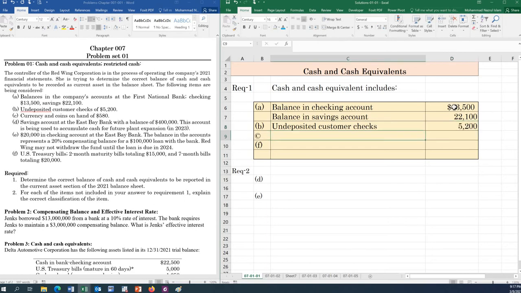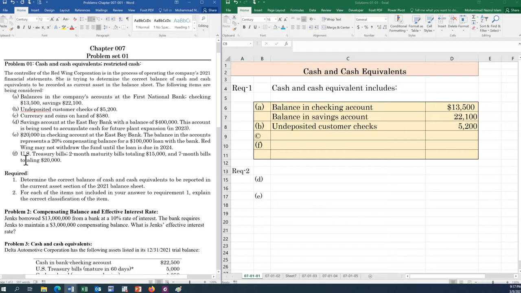And then D will not be recorded because this is a restricted cash for future plant expansion. So this will not be readily available for use.